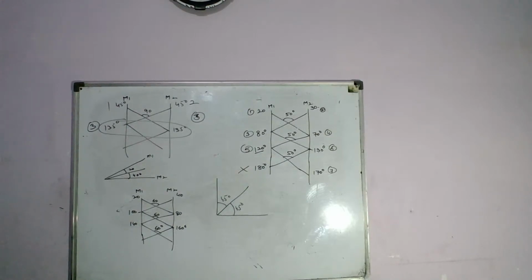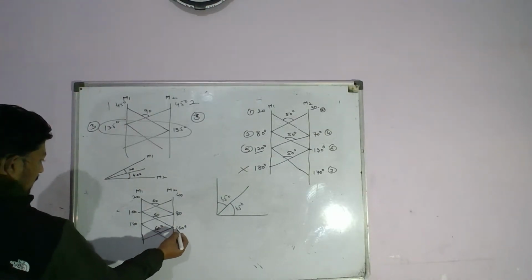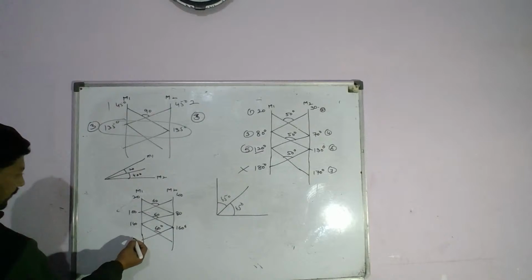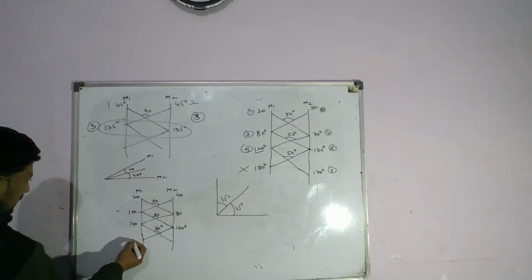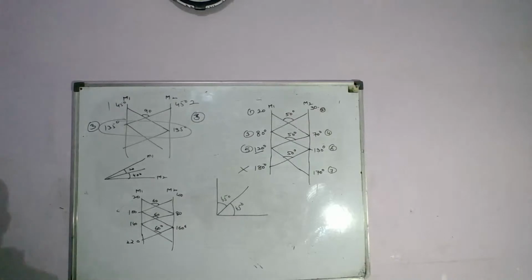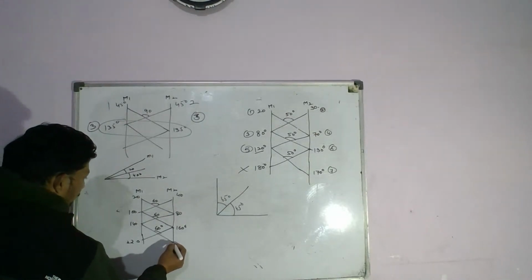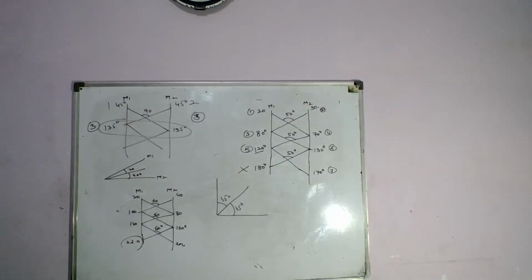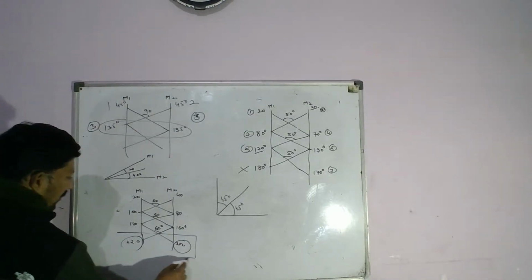So here the image is 160 plus 60, that is equal to 220, clear, 220, and here 200, it is greater than 180, clear, and it is also greater than 180. So these two images are not formed.